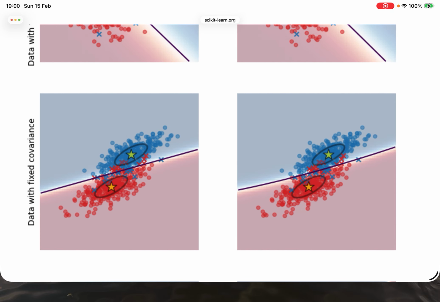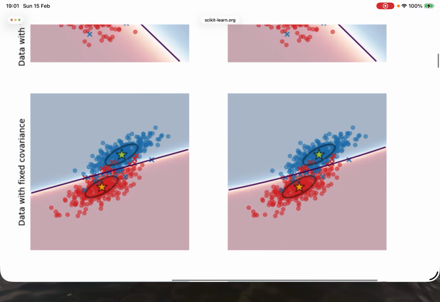These are still the same result because you can see that the circle here is reflecting the variance of the data. It is slightly tilted because there's some covariance between the input features in the plane. So that's the reason why you have a little tilting, covariance.